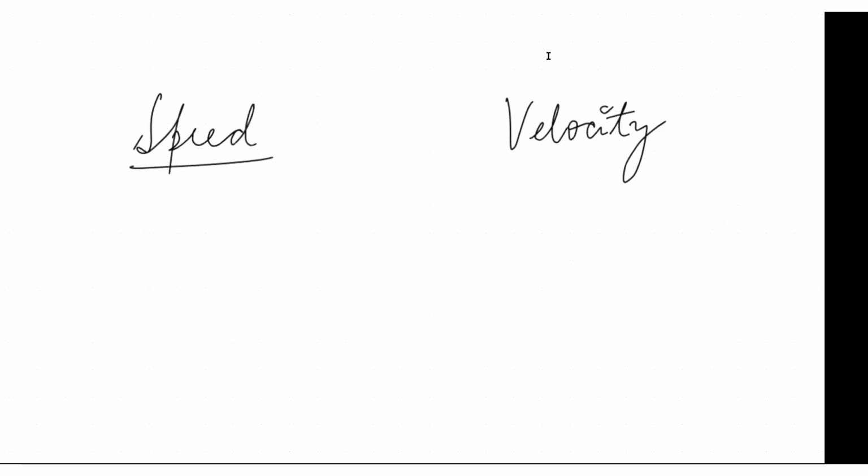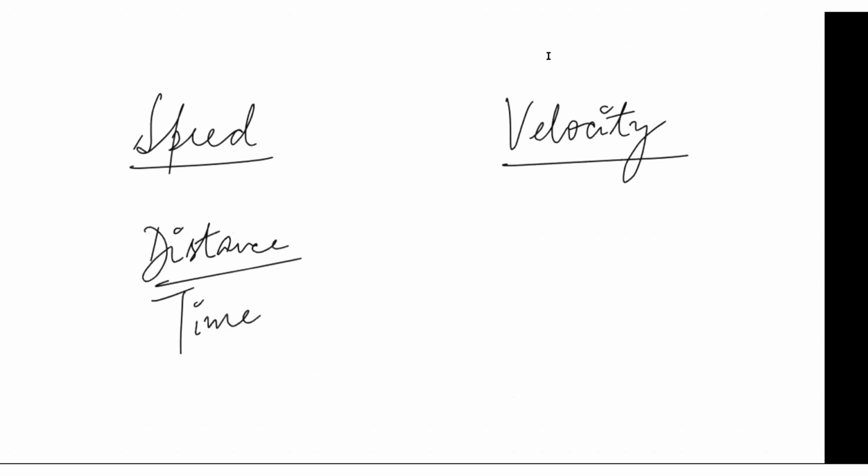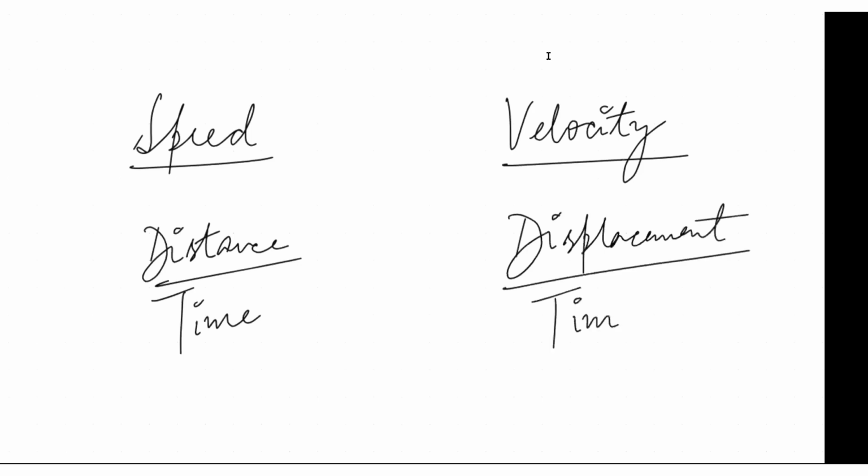Very good. You already know this. So this is distance over time, and this is displacement over time. Speed becomes a scalar quantity, and velocity becomes a vector quantity. Velocity and speed are pretty much similar. You just add a sense of direction to speed, you get velocity.